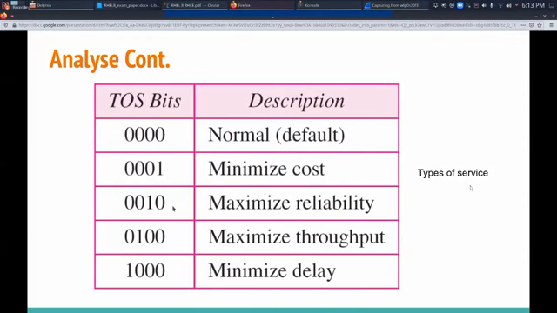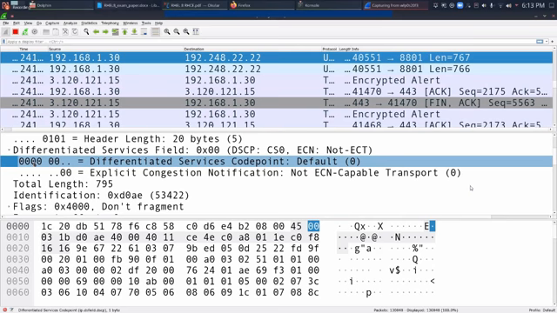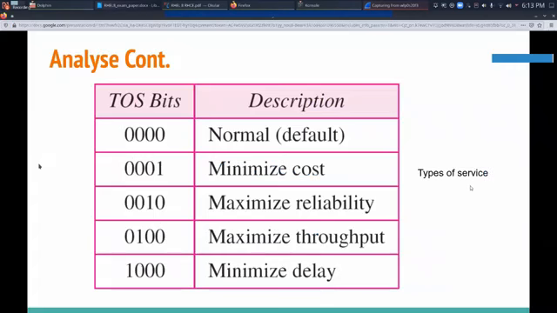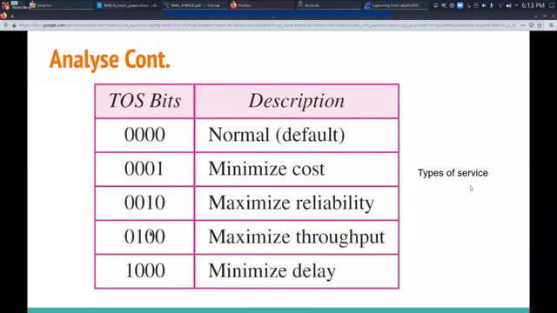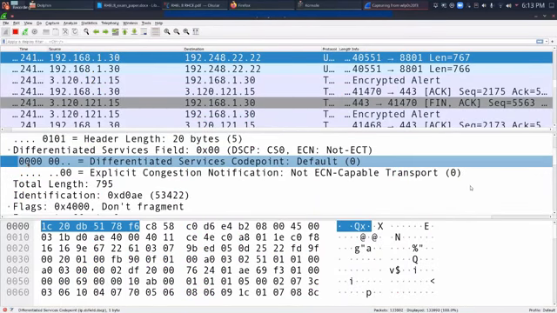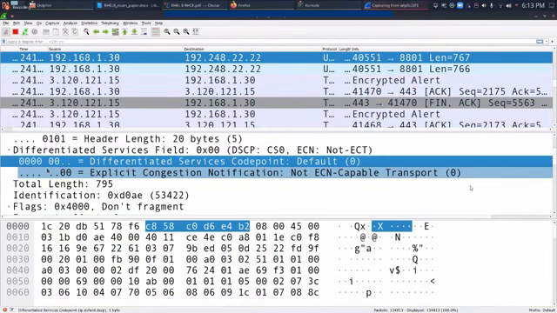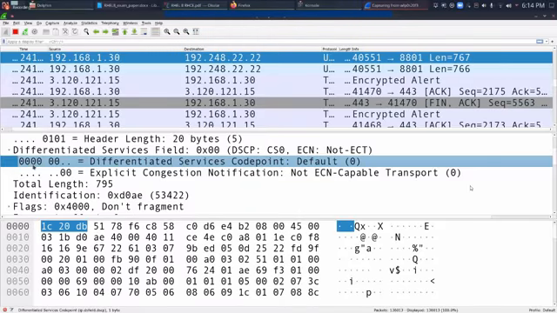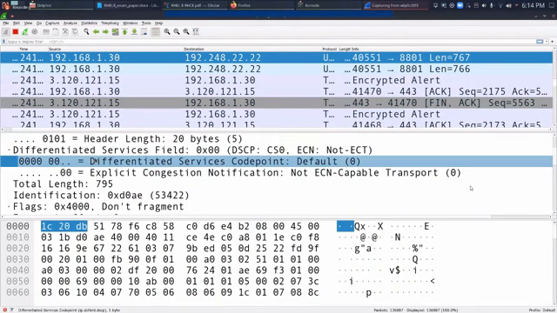But sometimes you might see 0010, something like that, where it should be 1 and 0. If you see that, that is going to be maximize reliability. If you see 0100, that can be maximize throughput. And if you see 1000, that is minimize the delay. So likewise, you can see the type of service bits.